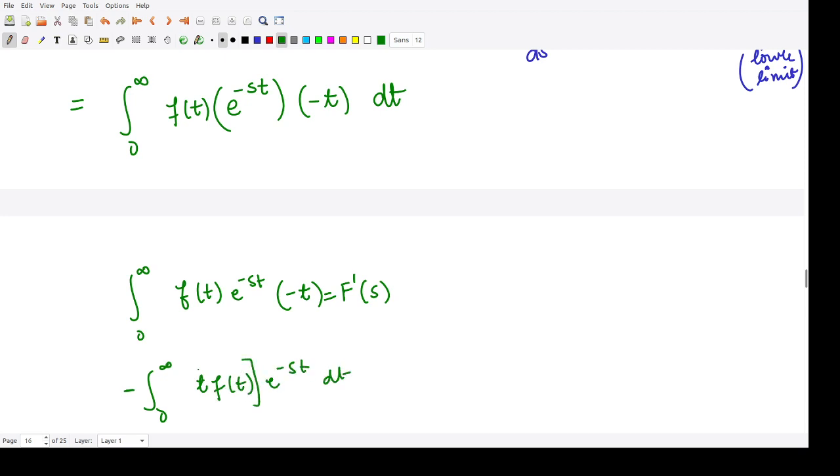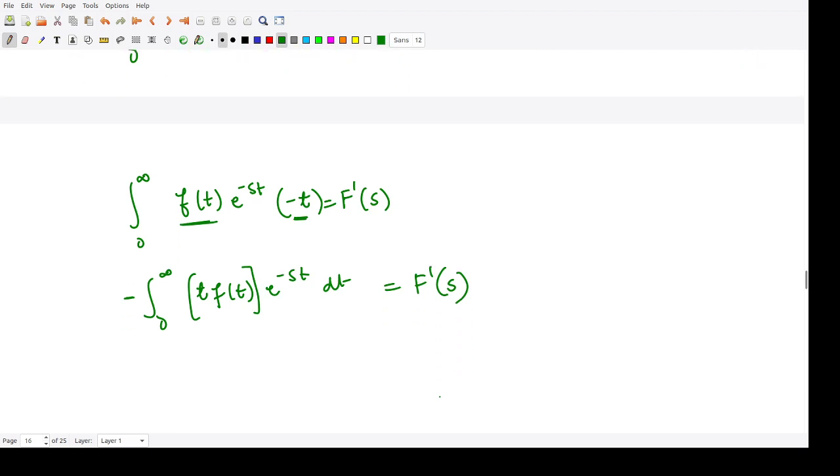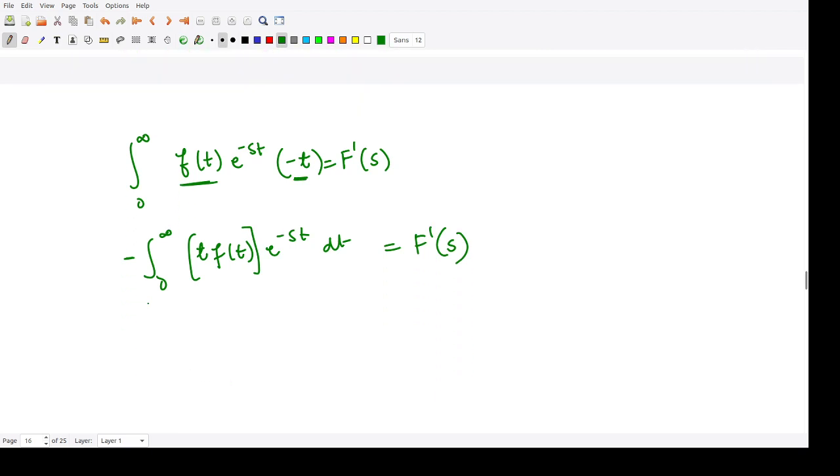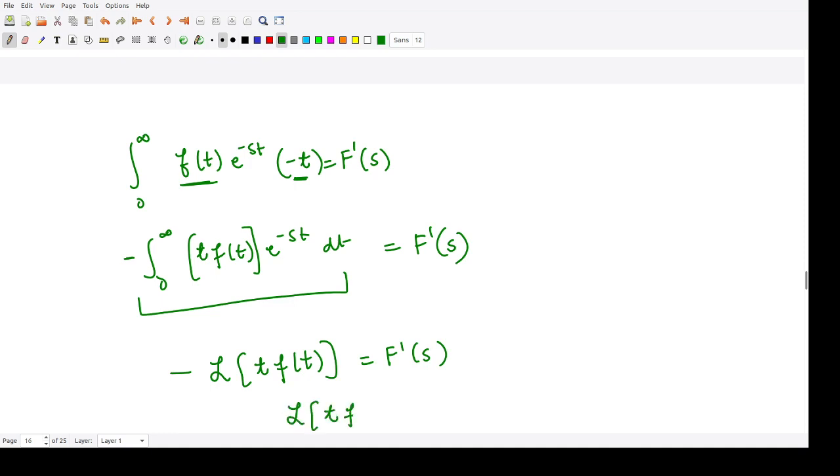So I have combined this term with this term, and on the right hand side I have F dash s. Now you see, by definition of Laplace transform, what is this term? This is nothing but the Laplace transform of t into f of t. So this is equal to F dash s. So from here what we got? We got that the Laplace transform of t into f of t is equal to minus F dash s.